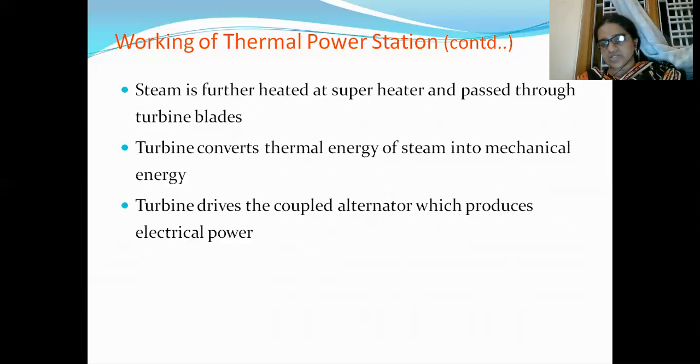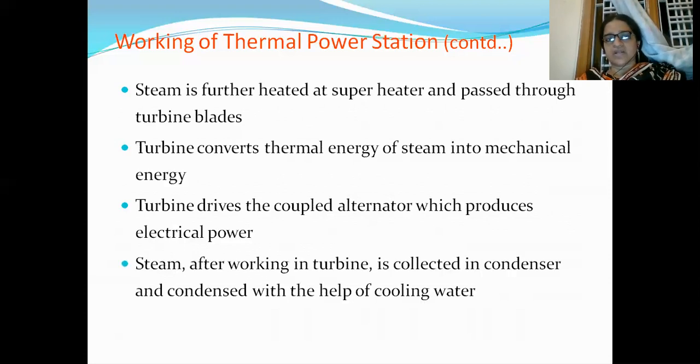This mechanical energy is provided by the turbine as an input to the alternator. The turbine drives the coupled alternator, which produces electrical power.